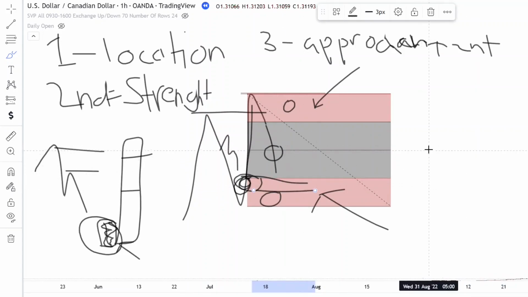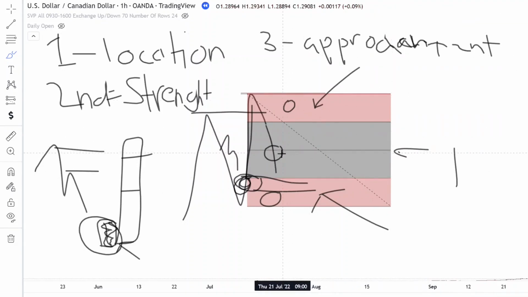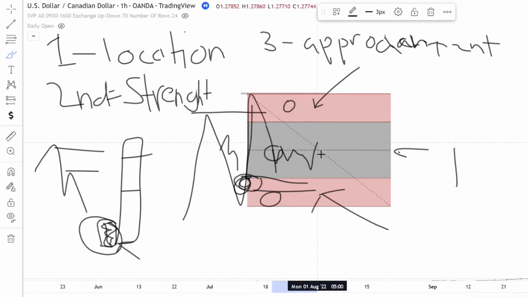Once price crosses the fair price right here, it needs to start being in a hurry. Price needs to quickly come back here. It will be completely invalid if price comes here, starts consolidating, goes a little bit up, a little bit down, up, down, and then comes back down. That completely makes the move invalid. It needs to be in a hurry.